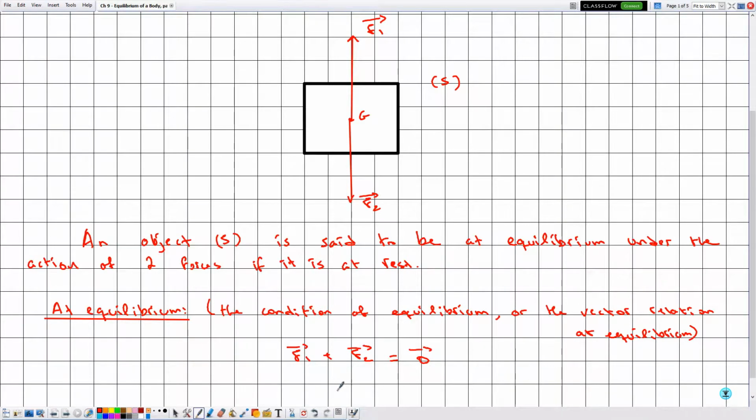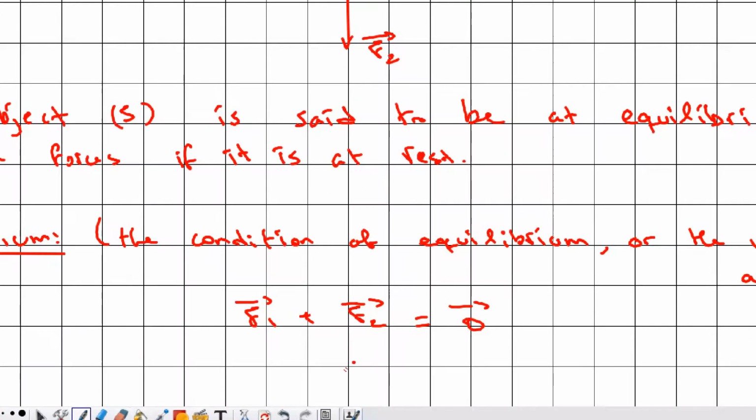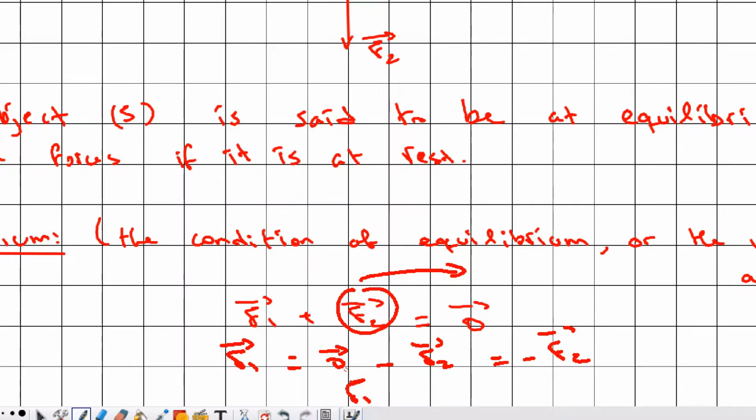Also we can read this equation in the following form. If we move this force to the right hand side, what we have is that F1 is equal to 0 vector minus F2 vector, which is simply equal to minus F2 vector. So we have that F1 vector is equal to minus F2 vector.